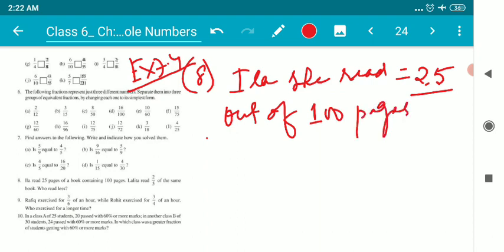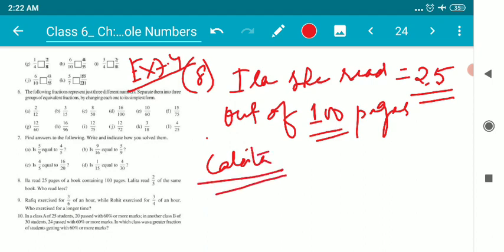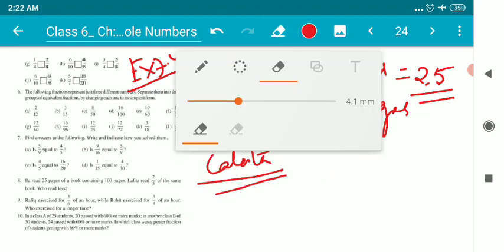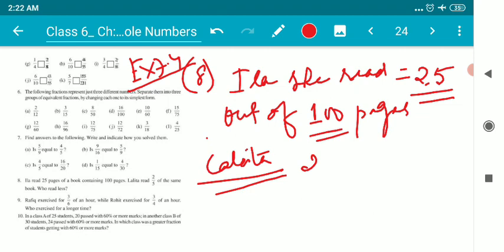Okay, children. So Ila read 25 pages out of 100 pages. Fine. Another girl, Lalita, she read 2 by 5. She read 2/5 of the same book.